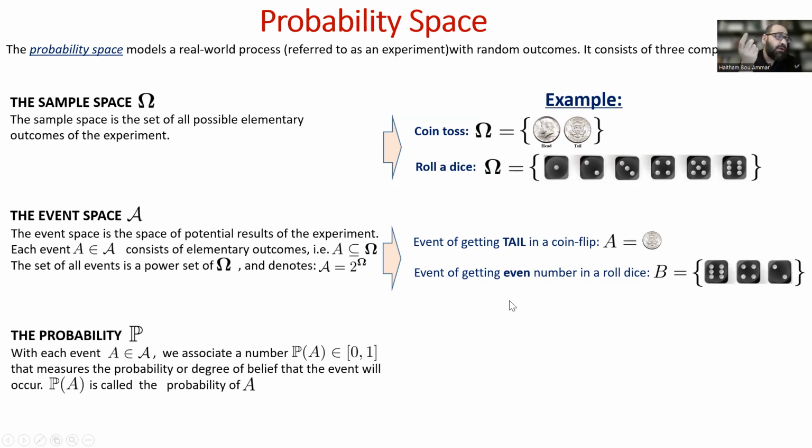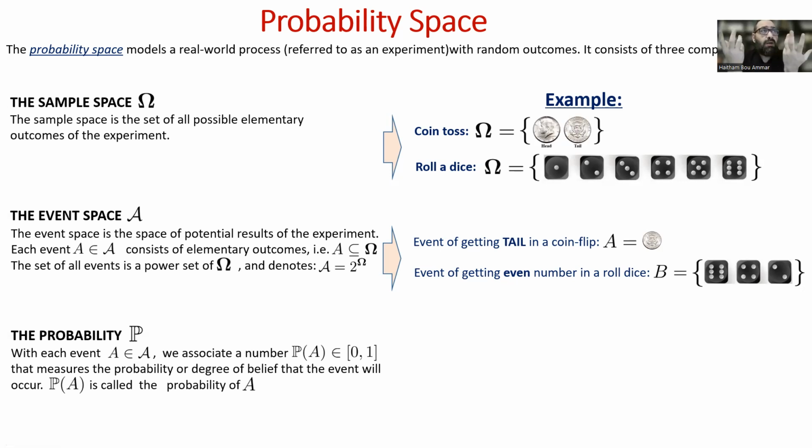That number is our belief of how likely this event will occur. So this measures the probability of the occurrence of the event, and we call that the probability of that event. The probability is a number which could be either 0 or 1 or anything in between. It cannot be bigger than 1, and it cannot be lower than 0.